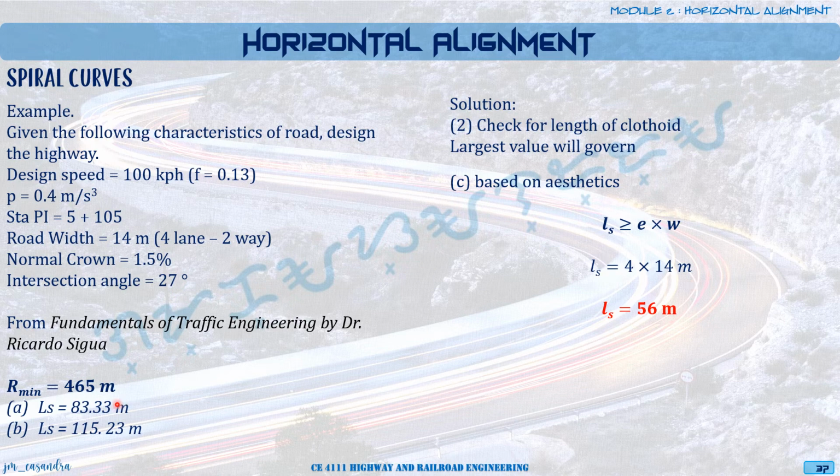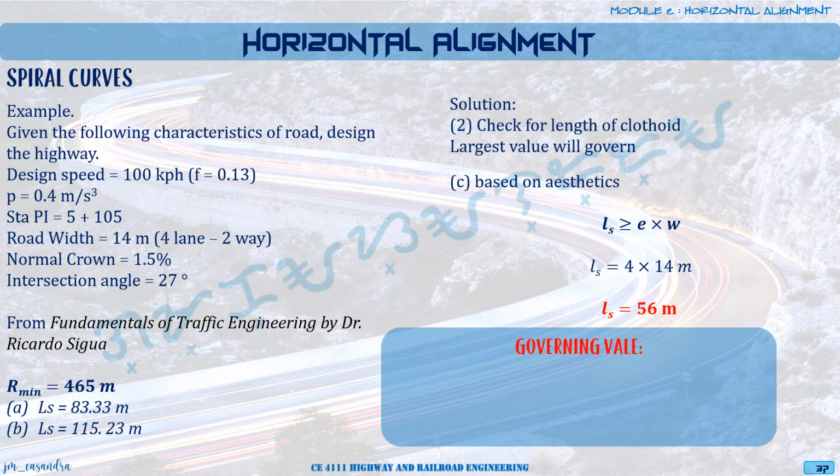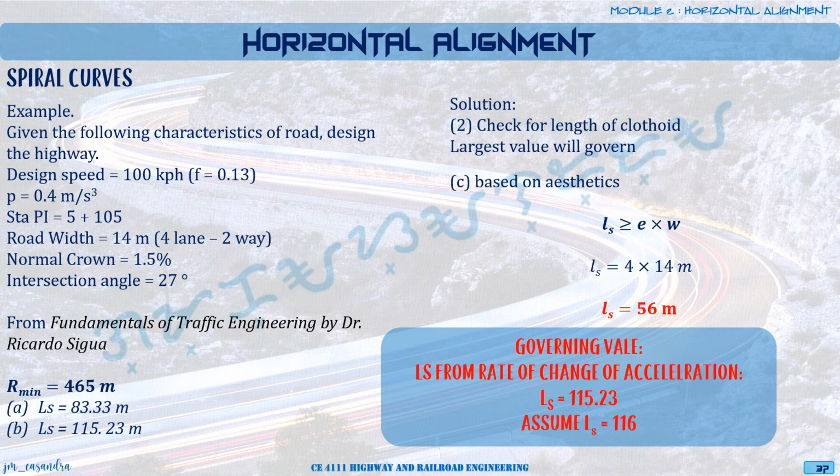So compare now the 3 values of the LS. So from here, we can now take on the governing value of LS, which is taken from the LS based on the rate of change of acceleration. We have LS equal to 115.23, or I can round this off to 116 meters.